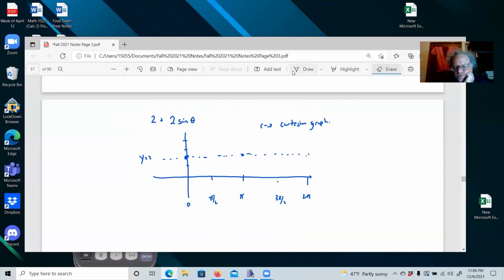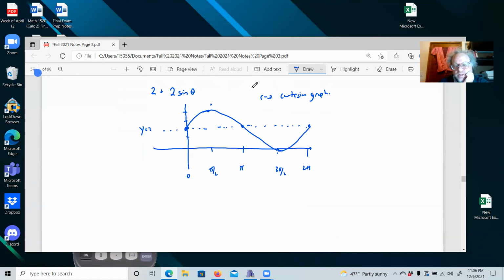Okay, so we're just drawing a sine graph. It's a little bit stretched out because of the 2 here, and it's just shifted up by 2. That's all we're doing. Okay, 3 pi over 2, that's going to be -1, so we'll have 2 minus 2, and then back here. So we're just going to do a little sine wiggle dance here. All right, and there we go.